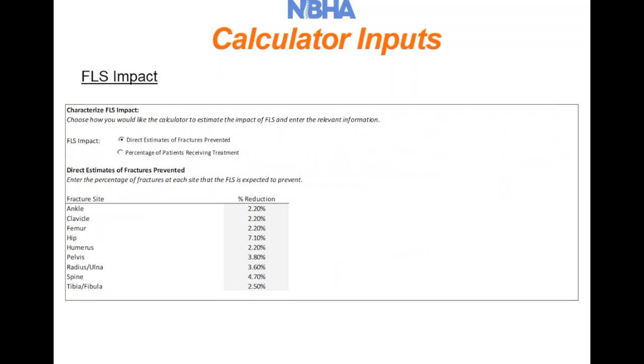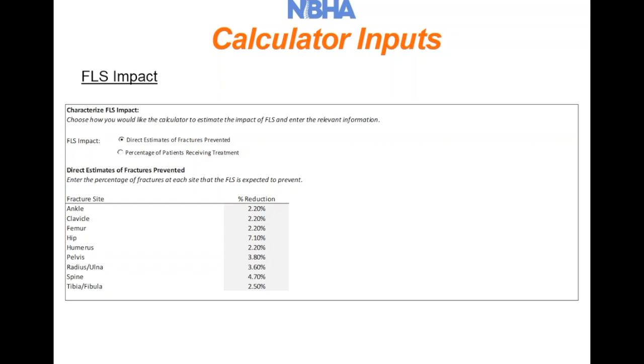The final set of inputs is the FLS impact. We talked about that when we were going through the slides. The 2 options that we have are this one, which are direct estimates of fractures prevented, where, based on the initial fractures that you enter and the models that we've run that underlie the calculator, the calculator will estimate the total number of fractures expected at each site.